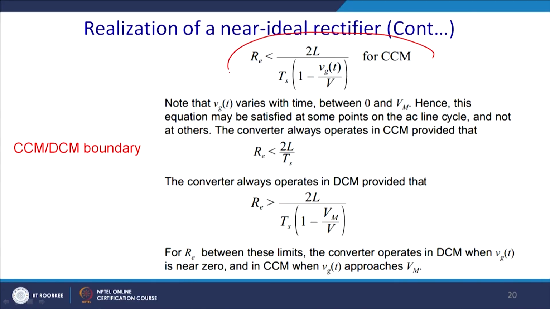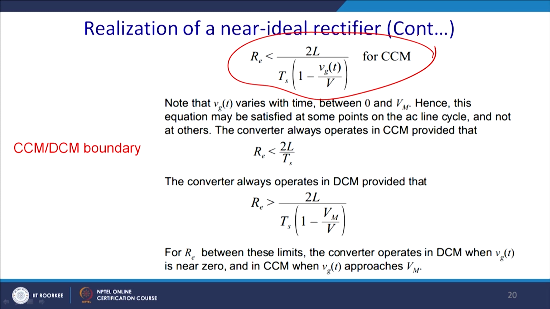So, for this reason the design is required to operate this converter in the continuous conduction mode. So, realization of the near ideal rectifier: this is the condition where you can make the current continuous.